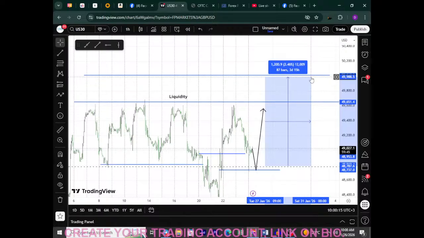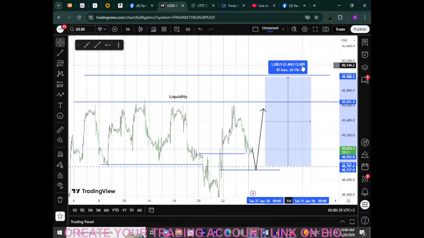I want you to read here. I don't know whether you are seeing this. It's reading 12009. This 9 is what we call a pipette.